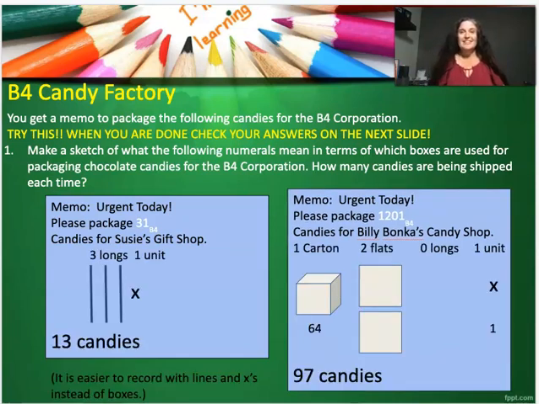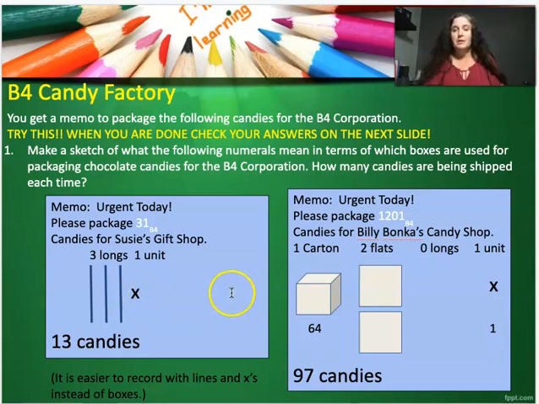Were you right? Let's see. If you were doing the 31B4, that means 3 longs and 1 unit. So 3 longs, I drew 3 lines, and then 1 unit, which would be a total of 13 candies. Let's make sure we understand where that came from. Each one of these lines is 4, so 4, 8, 12, and this little 1 unit box is just 1 more, so that's 13.